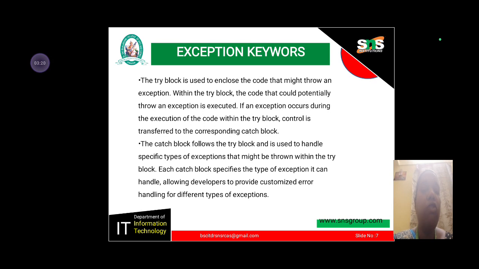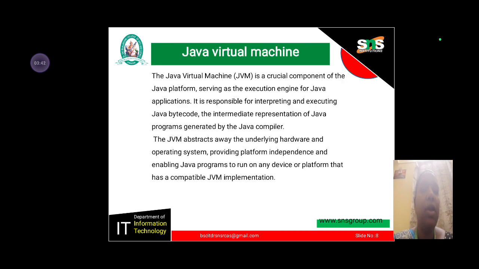The catch block follows the try block and is used to handle specific types of exceptions that might be thrown within the try block. Each catch block specifies the types of exception it can handle, allowing developers to provide customized error handling for different types of exceptions.